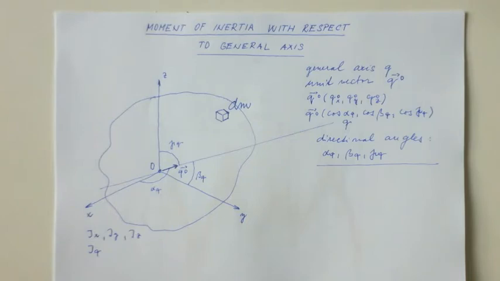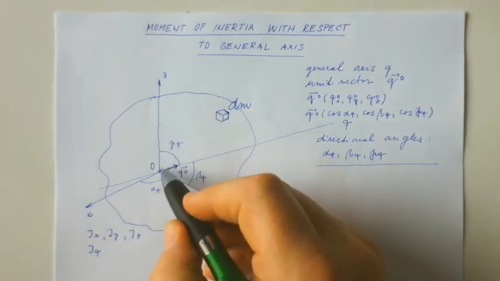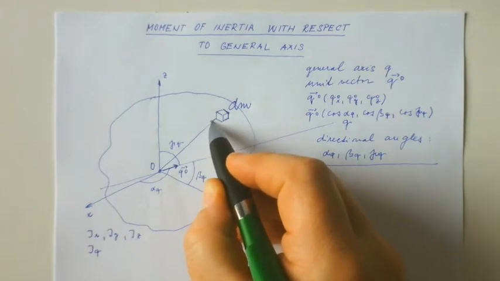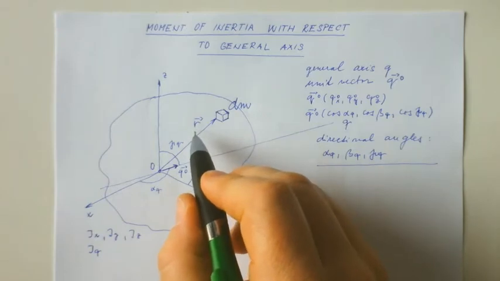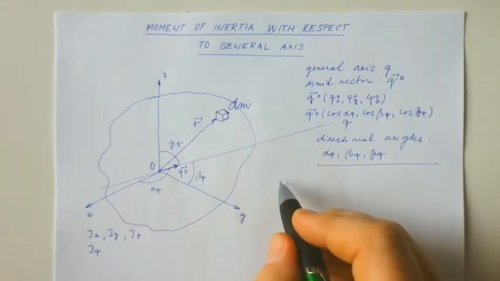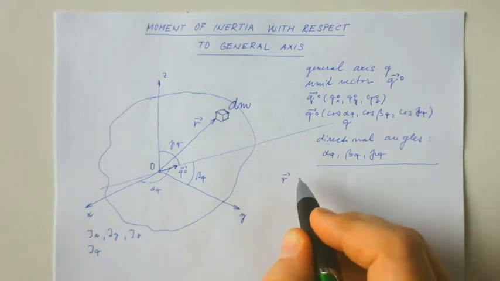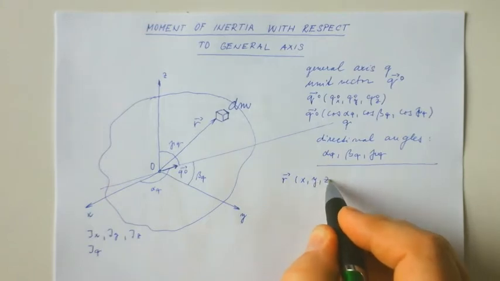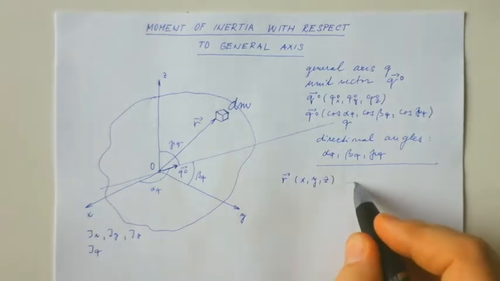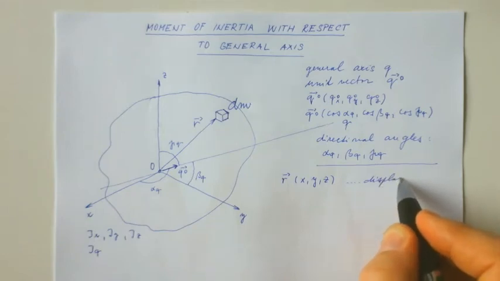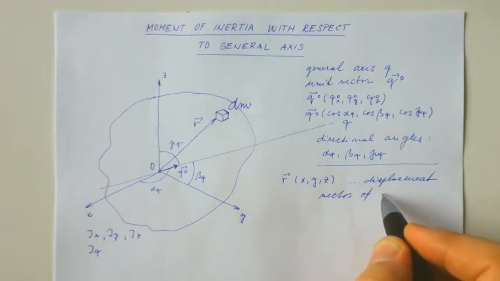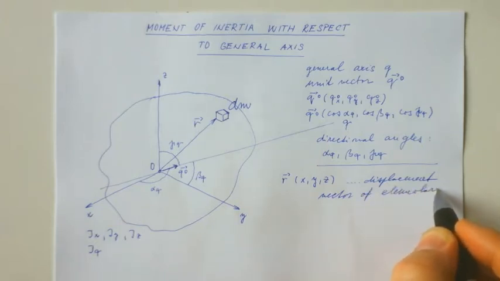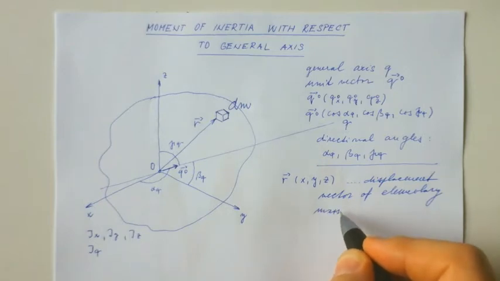If we want to calculate the moment of inertia, we need to point to the mass element dm by a pointing vector, a displacement vector. So r has some components x, y, z. It's a displacement vector of the elementary mass dm.